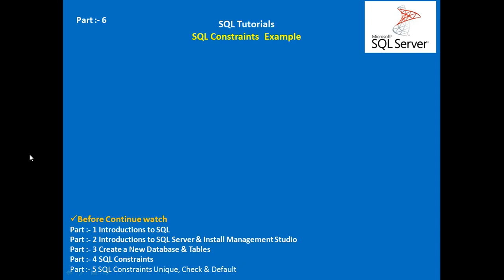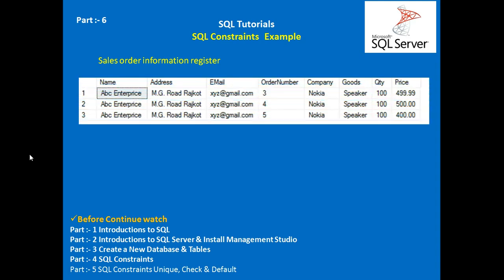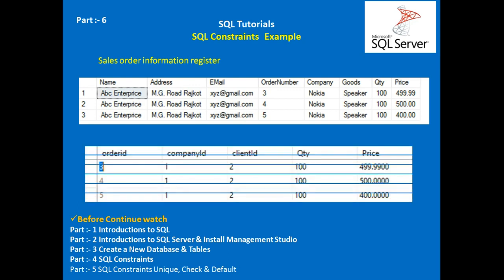In this tutorial we will discuss SQL constraints with a real-time example. We are using a sales order information register as our example: name, address, email of our sales order from our customer, and our order table looks like this.